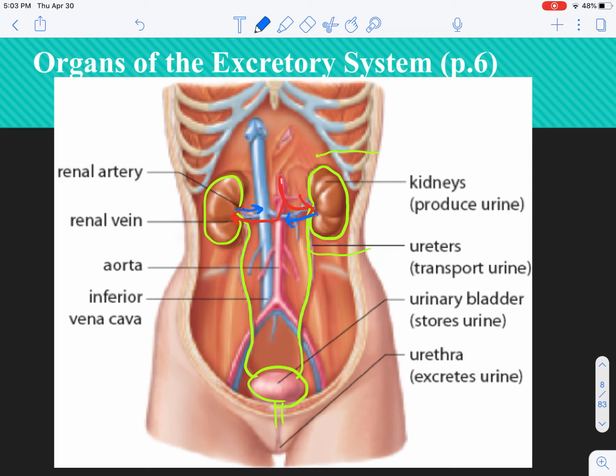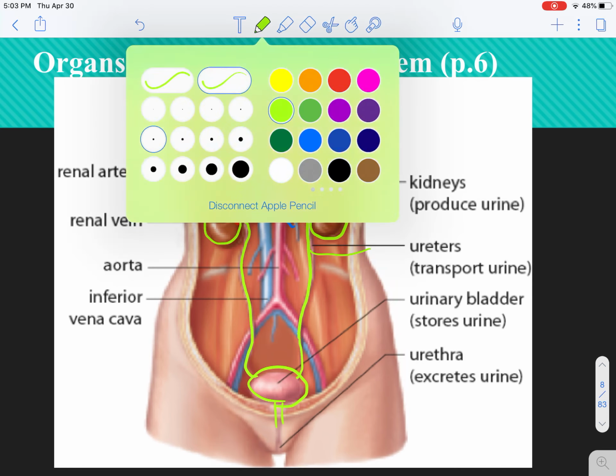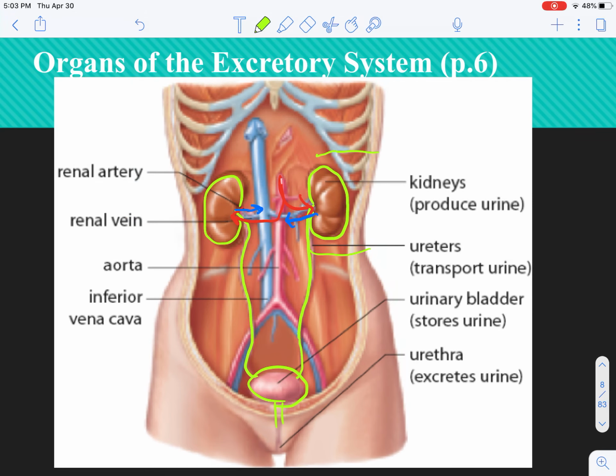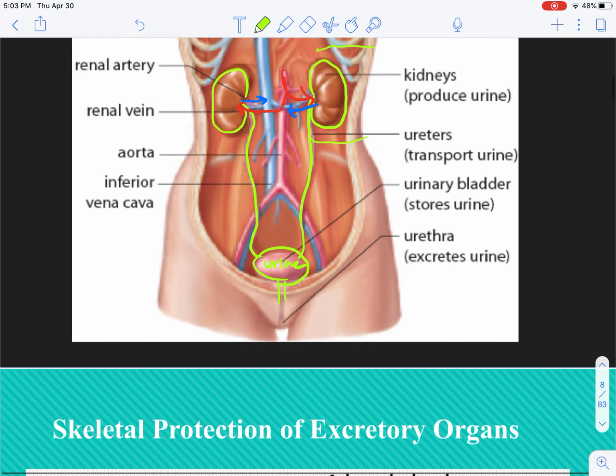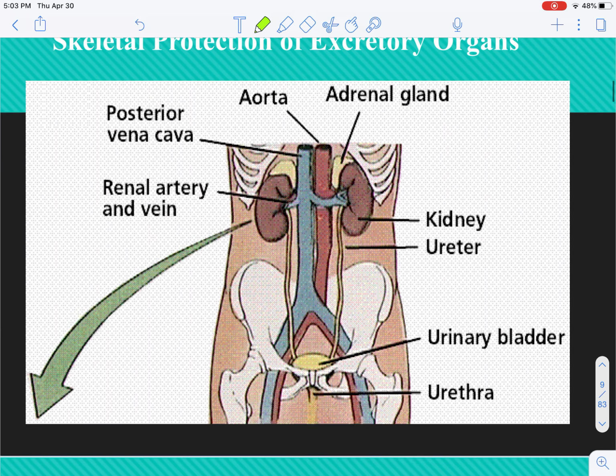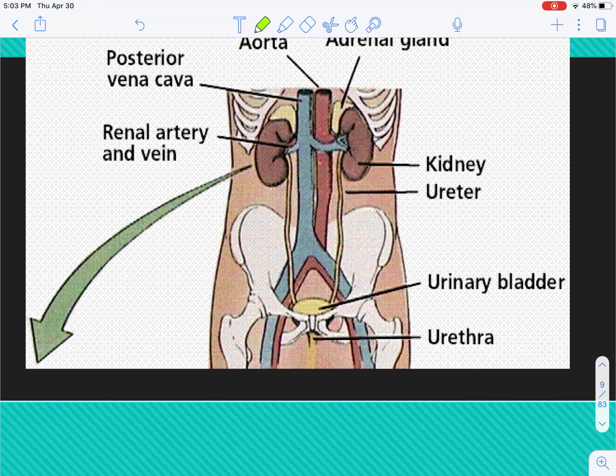Once that kidney has received that blood and formed the urine, the blood will leave out the renal veins. So it goes in through renal arteries and out through renal veins. And what we have here is stored urine in the bladder. So that is the general structure of the excretory system.